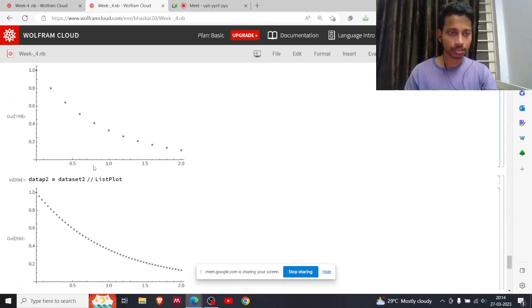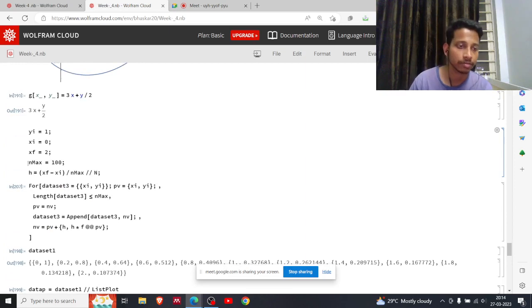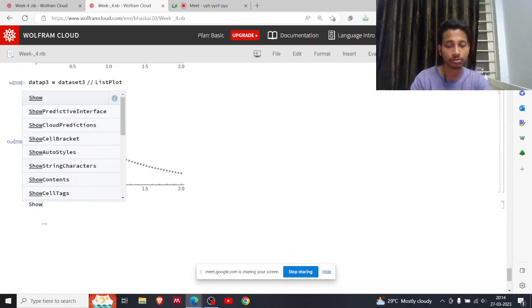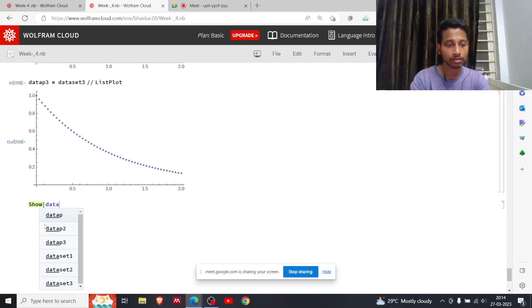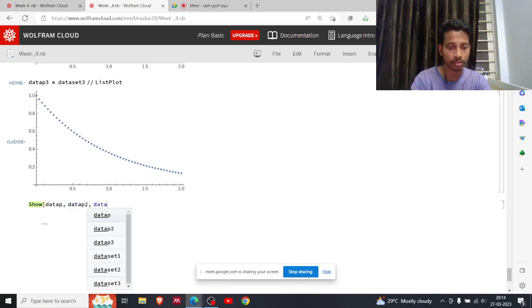So now these are the three solutions where I have changed the n max, that is 10, 50, 100. So basically I have reduced the value of h every time. Now I will just show three of them: data p, data p2, data p3.